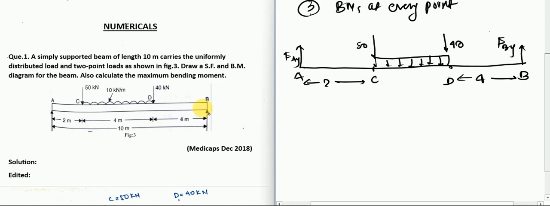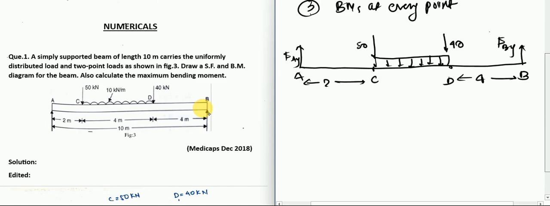As you can see, we cannot include the entire uniformly distributed load here. We need to convert this into a point force. So how can we convert this into a point force? Because we cannot solve for reactions if we have this UDL, we need to convert it into a point force to solve the following beam.